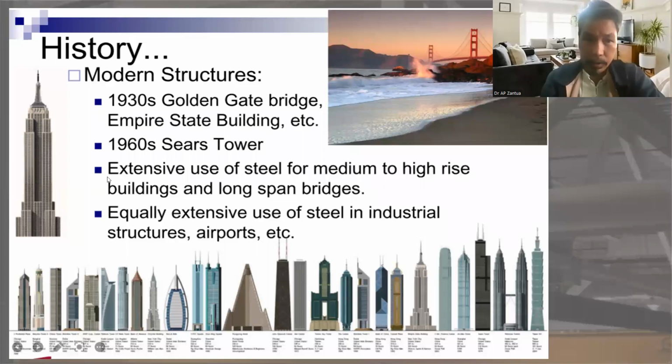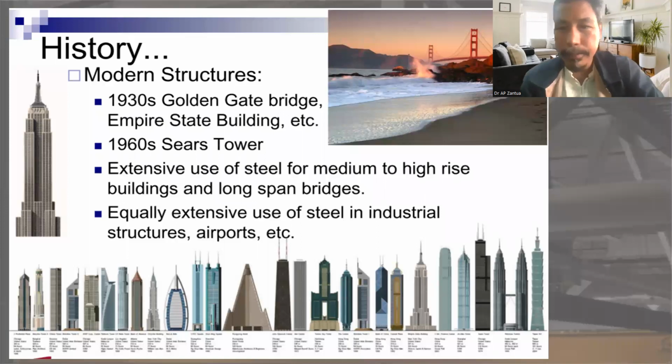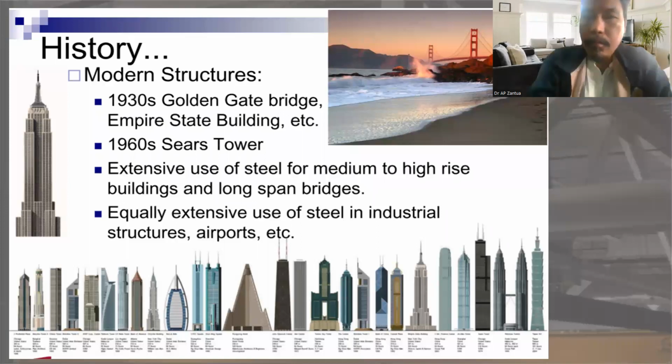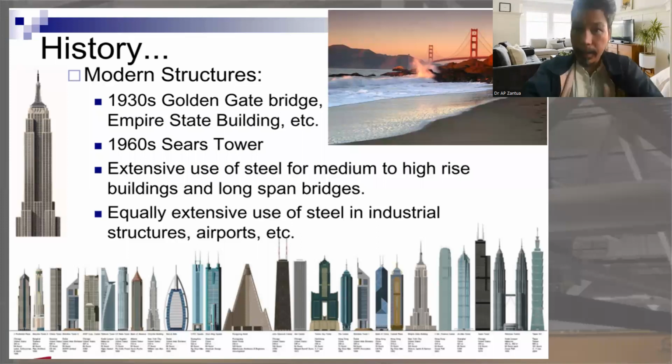California and New York are extreme places in the United States, both big cities, city centers. That's why they were able to build these structures that became popular.